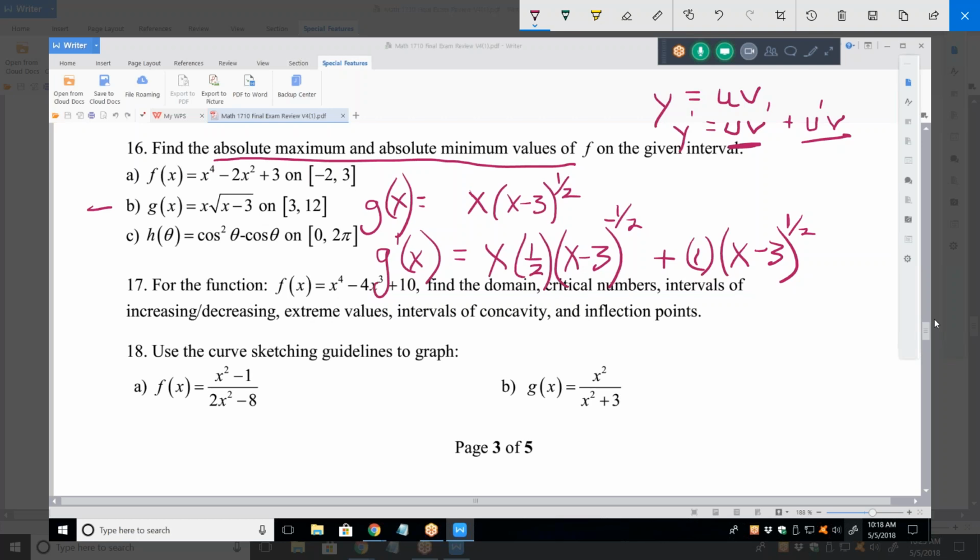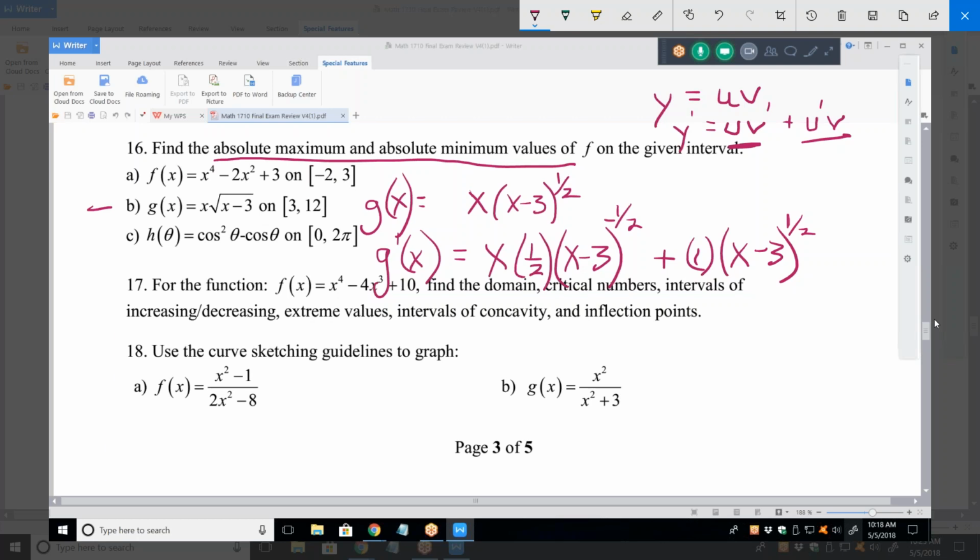So, here's the rule. It is going to occur where this derivative is either equal to 0 or not defined or at one of the end points.